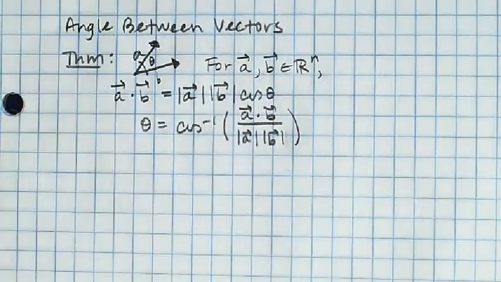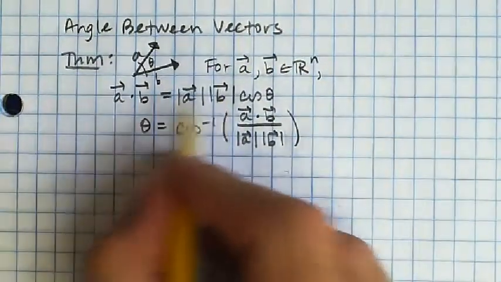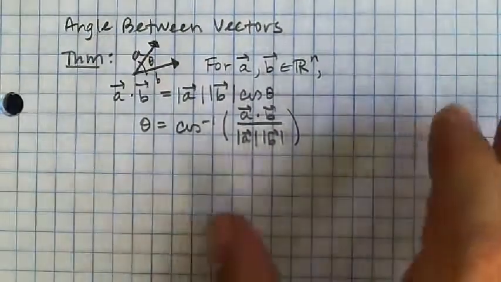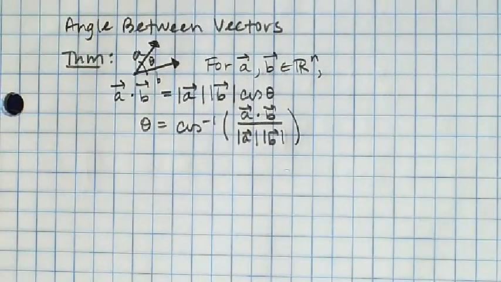But this is just a little easier to work with, I think. And this is also closer to the statement of the law of cosines. That's how we find the angle between two vectors.